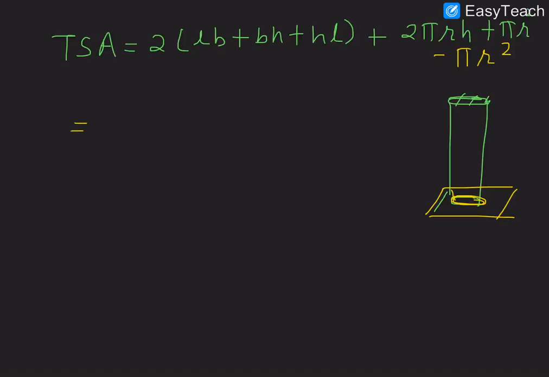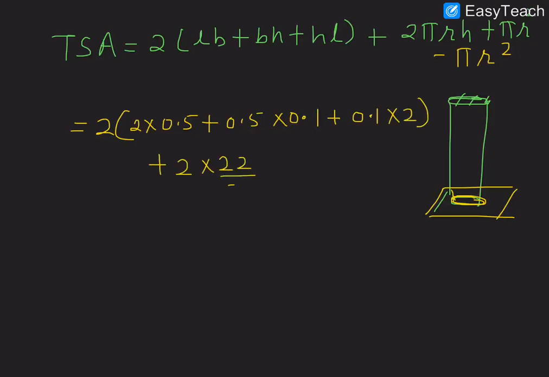So putting the values, so 2 into 0.5 plus 0.5 into 0.1, 0.1 into 2, plus 2 into pi is 22 by 7, r is given 0.1 by 2, h is 0.7. So 7, 0.1, 2 and 2 cancel out.